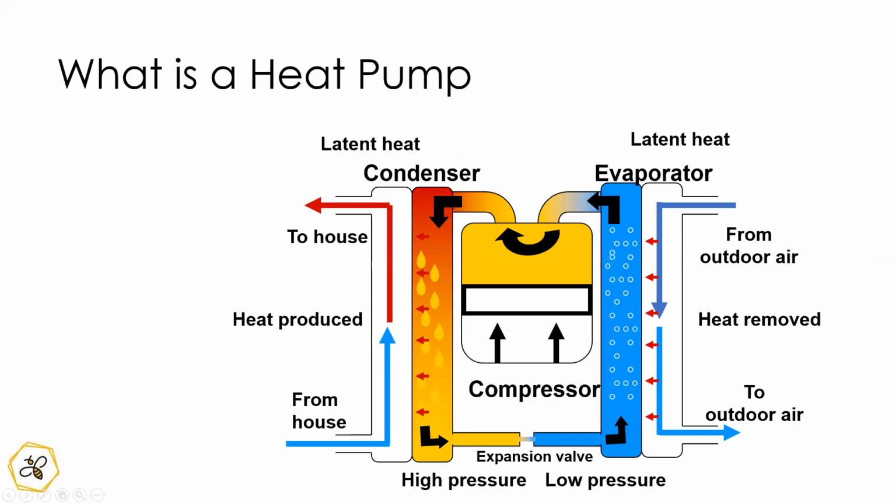So I think I've pretty much gone through it, but basically these are your three circuits. You've got your water circuit to and from the house, with your colder water coming back from your radiators.